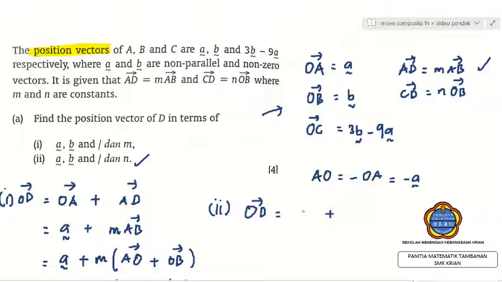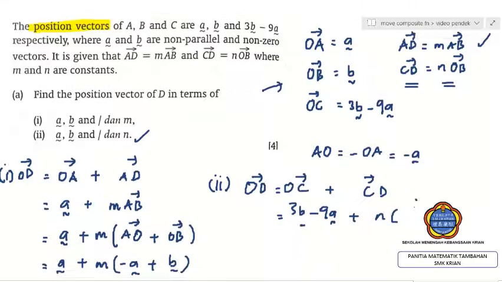We can try another letter, starting with O and ending with D. Now we have CD with the letter n, right? So we put OC plus CD, because right now we want to use the letter n. OC is 3b minus a, plus CD is n OB. OB is also given.